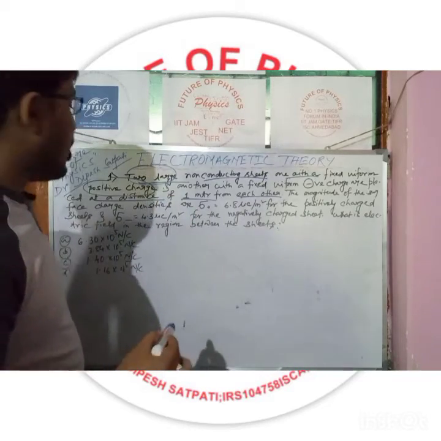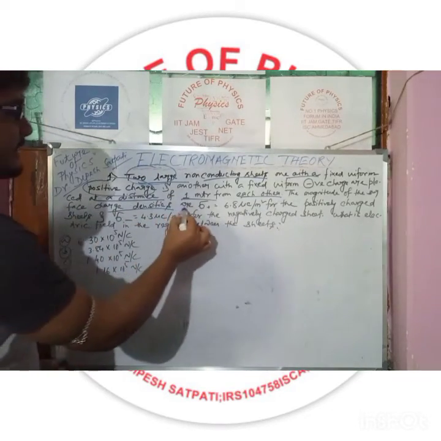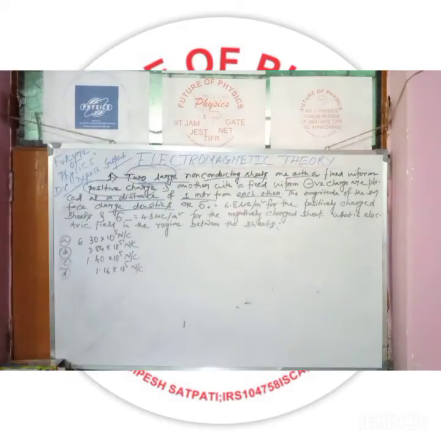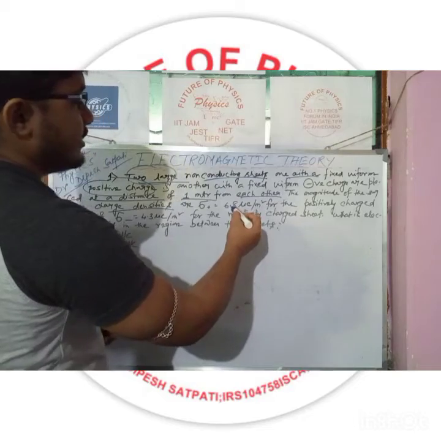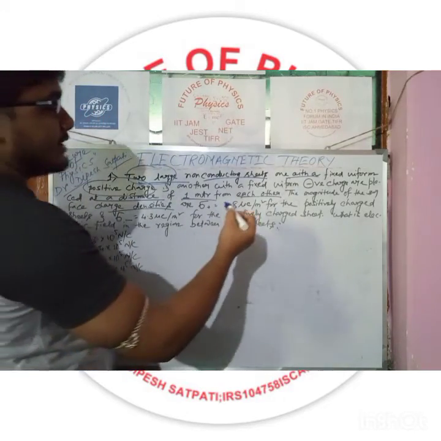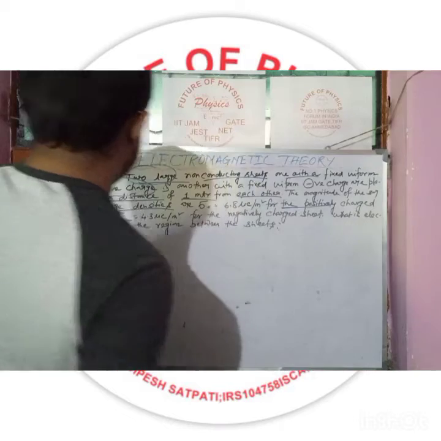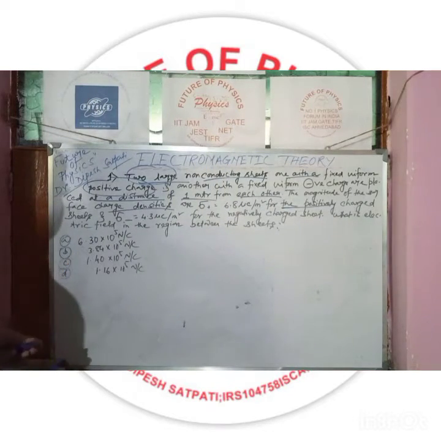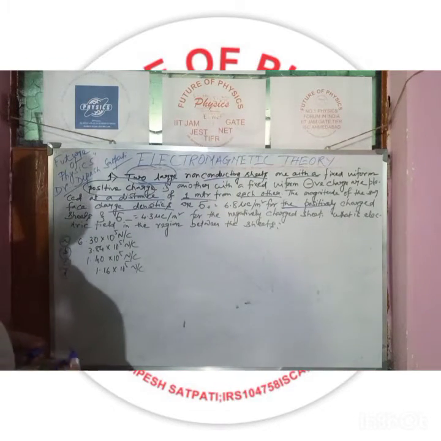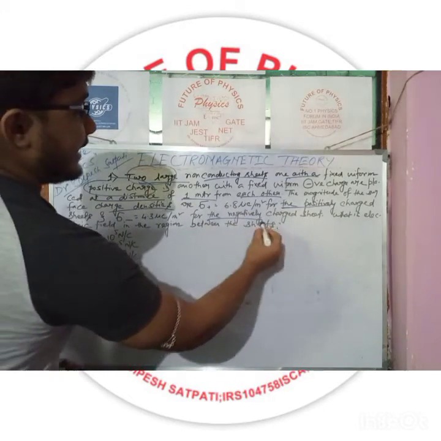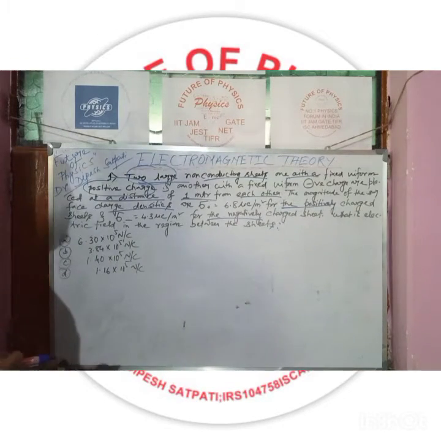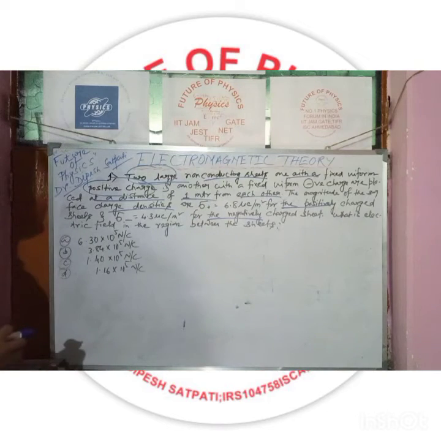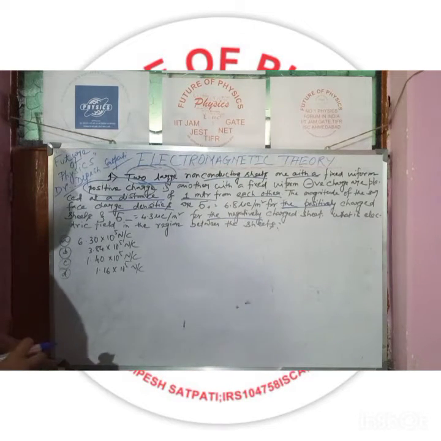The magnitudes of the surface charge densities are sigma plus equals 6.8 micro coulomb per meter square for the positively charged sheet and sigma minus equals 4.3 micro coulomb per meter square for the negatively charged sheet. What is the electric field in the region between the sheets?